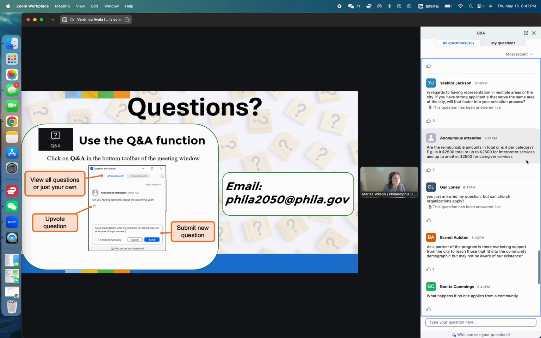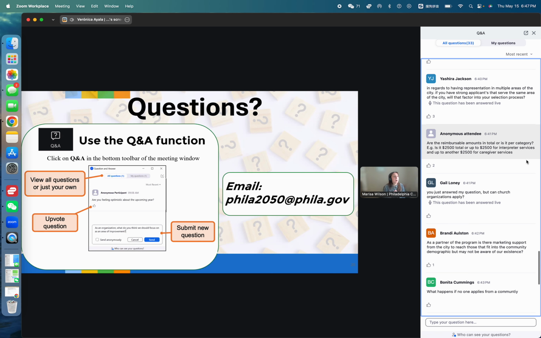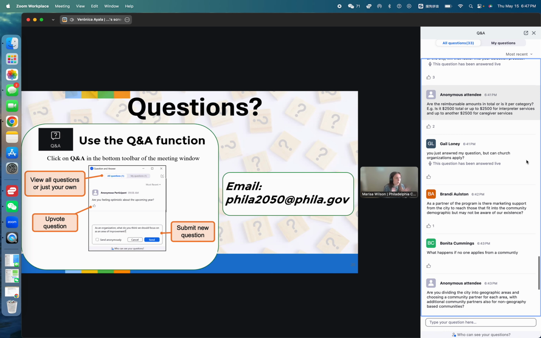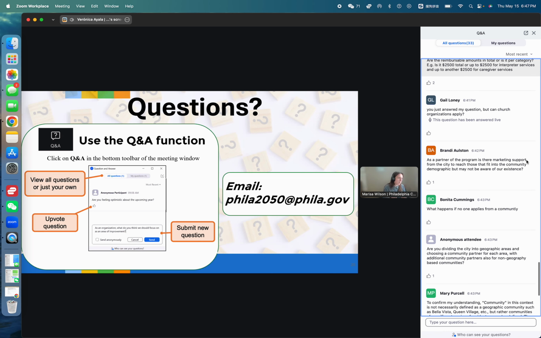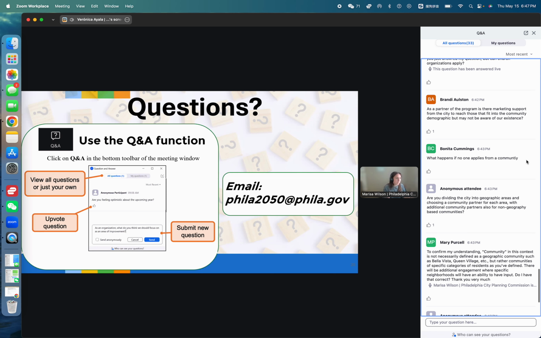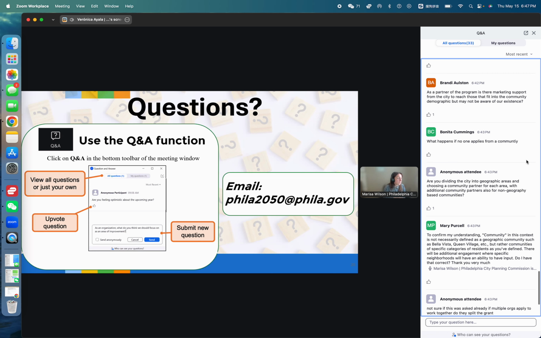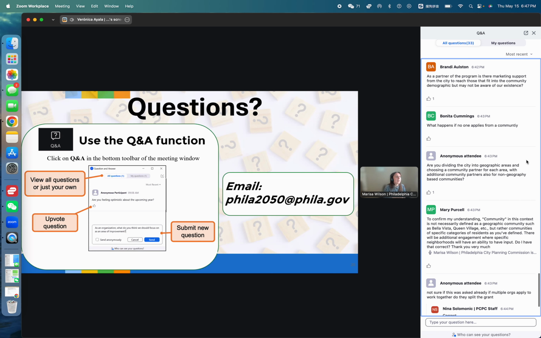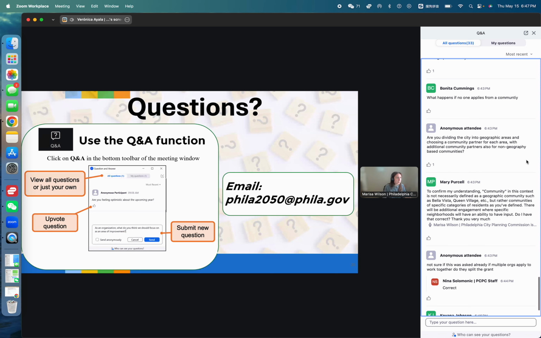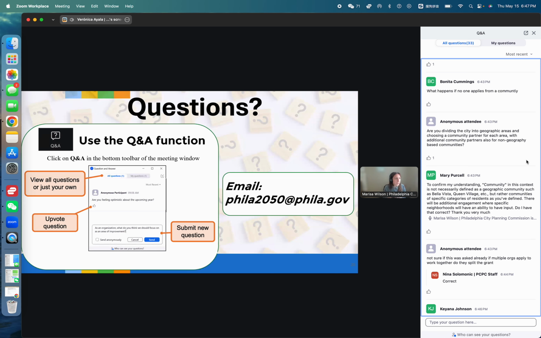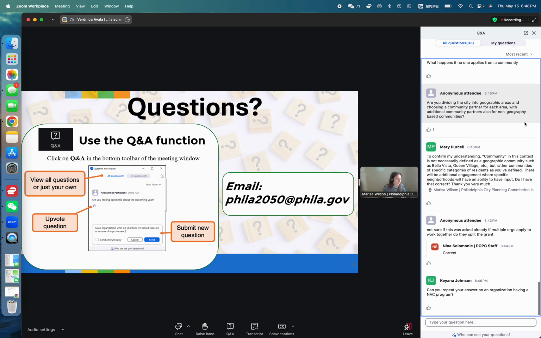Community could be place-based, so a group could apply as, you know, Germantown Community Organization, or whatever neighborhood organization, larger geographies if that's who you serve or you're a part of. Or community groups could apply as, we are a group of youth-led, climate-interested young folks, and we want to apply to be a community partner as well.